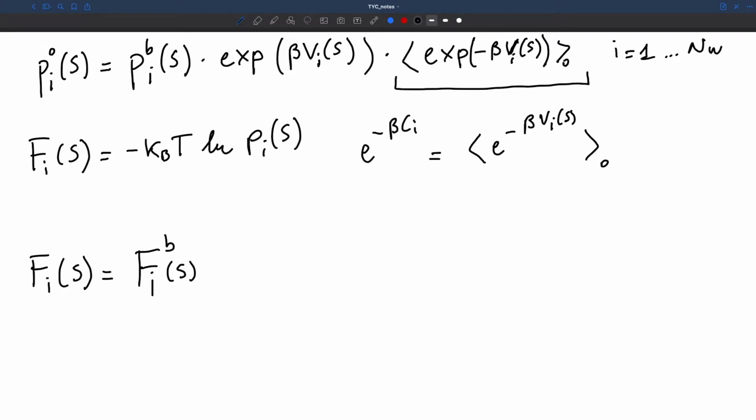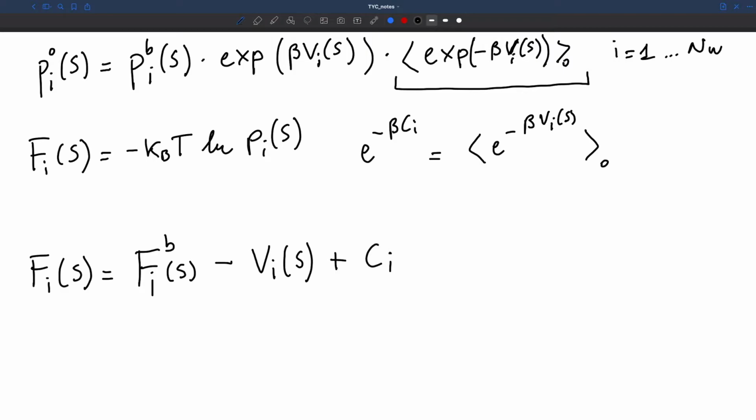biased, where this is the effective free energy associated to the perturbed Hamiltonian of the system, so the potential energy of the system U0 of S plus the ith umbrella, the ith bias potential, and then minus Vi plus this constant Ci.